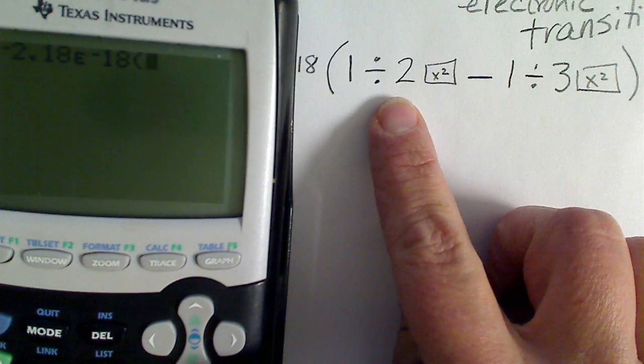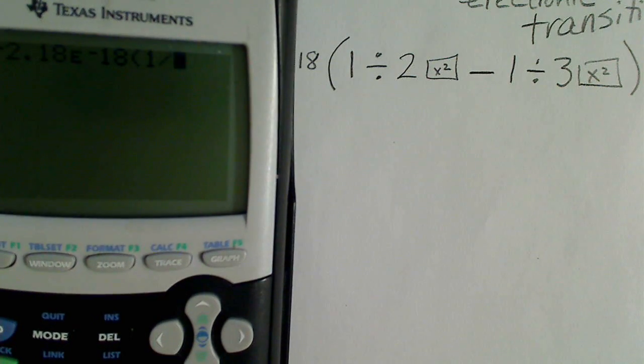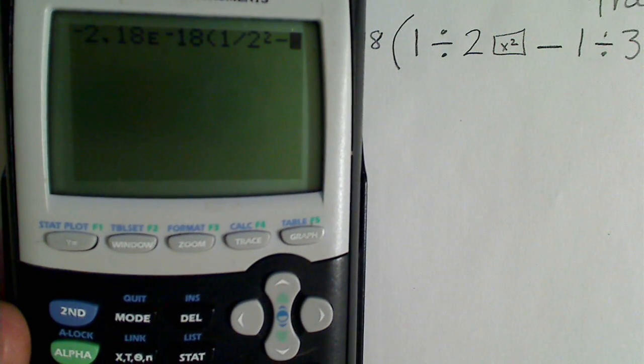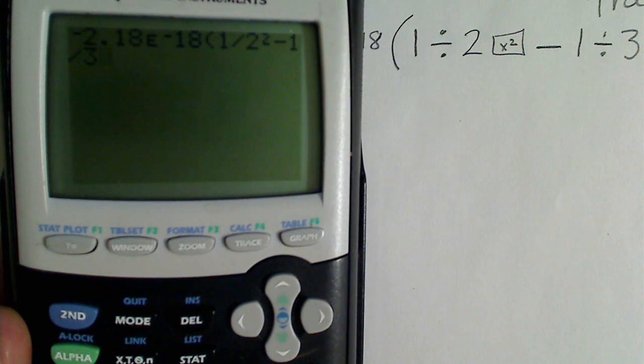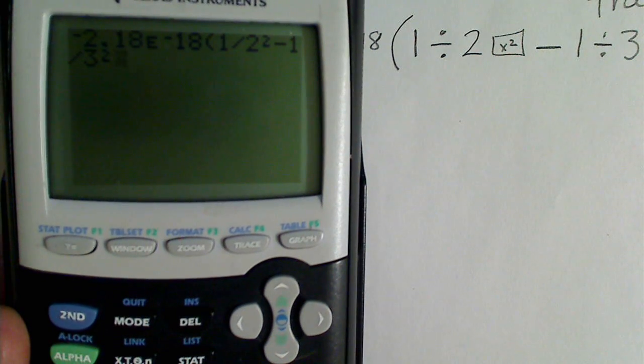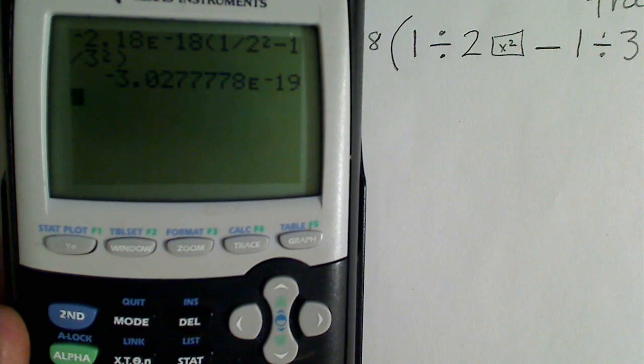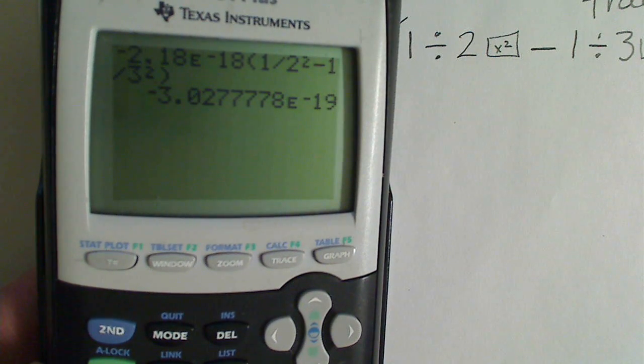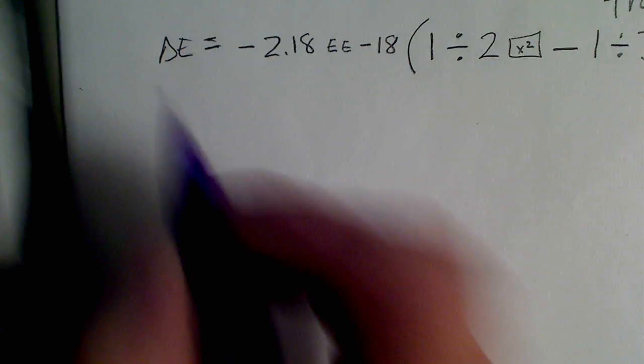And then put the parentheses, 1 divided by 2 squared, 2, and hit the x squared button, minus 1 divided by 3, square that, close the parentheses, and if we do that, we get this very small number, negative 3.03, we'll call it.